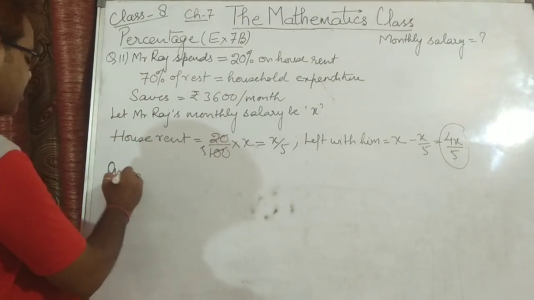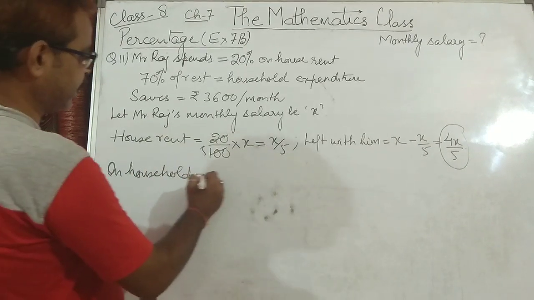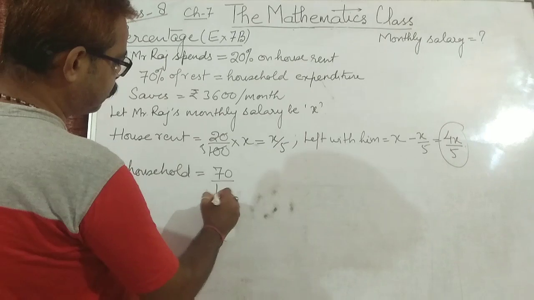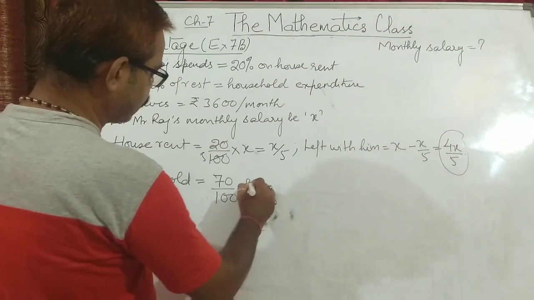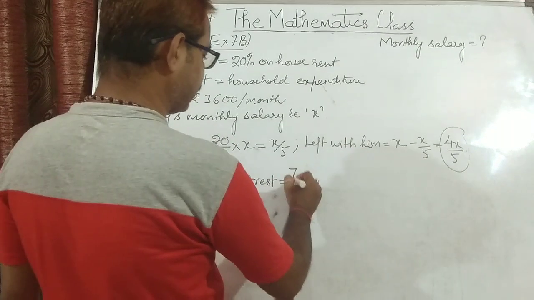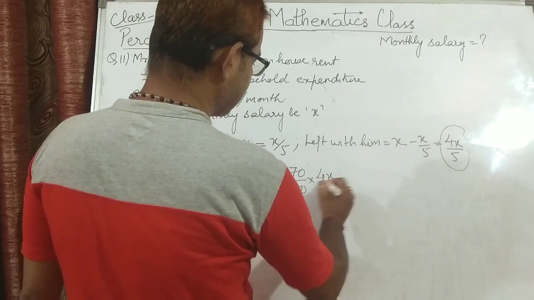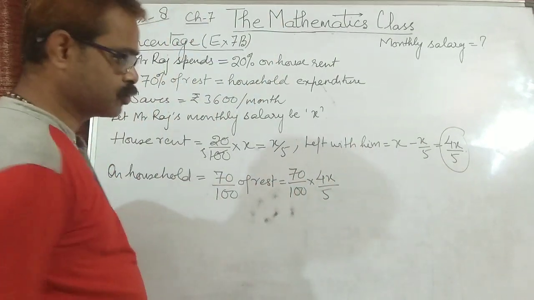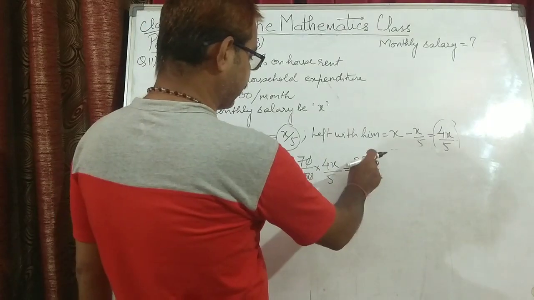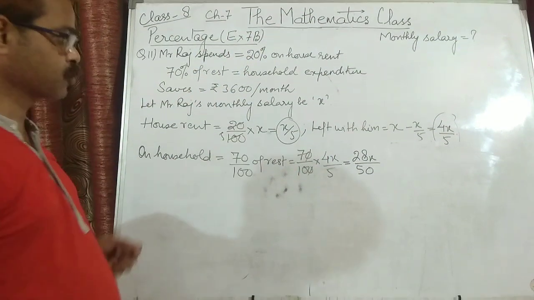So on household, how much is he spending? 70% of rest. And what is the rest? 4X upon 5. So 70 upon 100 into 4X upon 5. So we get 7 times 4 is 28X upon 5 times 10 is 50. So this much he has spent on household.